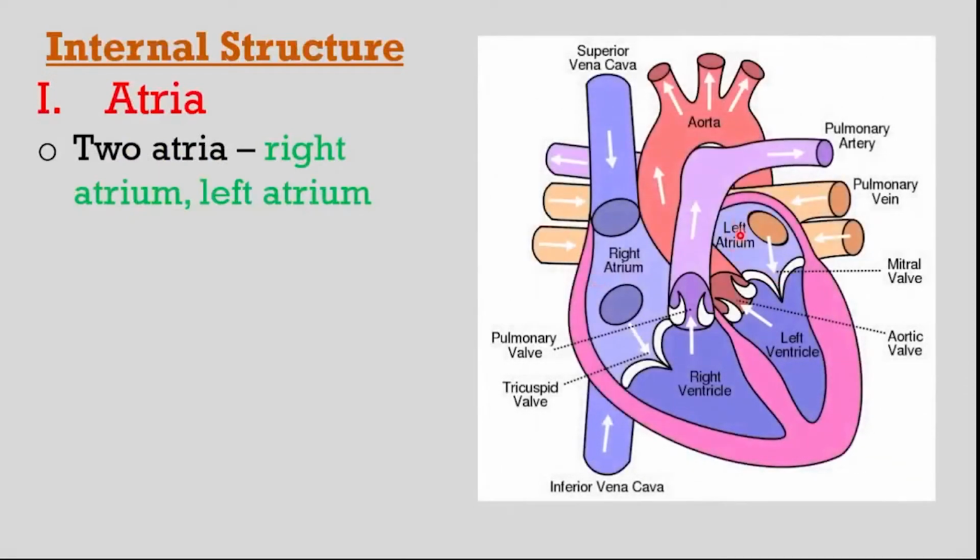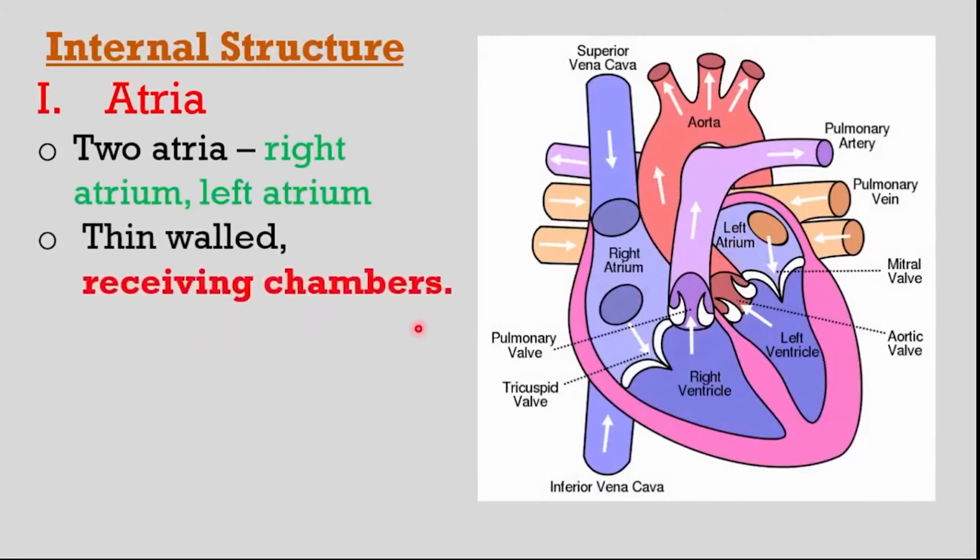Structurally, atria are the upper thin wall chambers, and functionally, they are the receiving chambers. They receive the blood from different regions of the body. Here, these are the two upper chambers, atria, right atrium and left atrium. That's why they are known as receiving chambers.